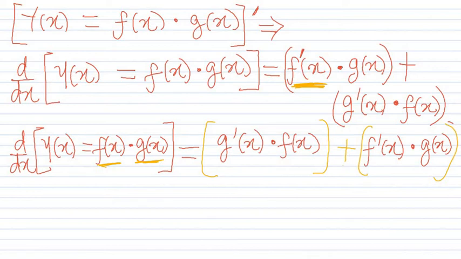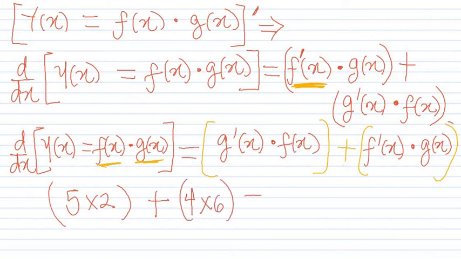You can switch it, because if we decide to do, say, 5 times 2, plus 5 times 2 times 4 times 6, it's gonna be the same thing as saying 4 times 6 plus 5 times 2. The answer is gonna be the same.